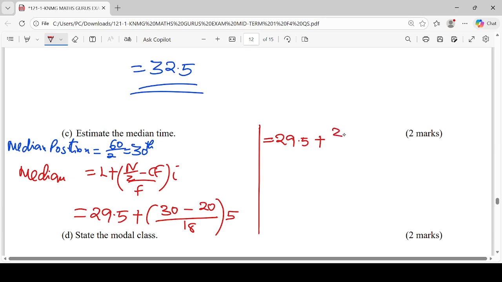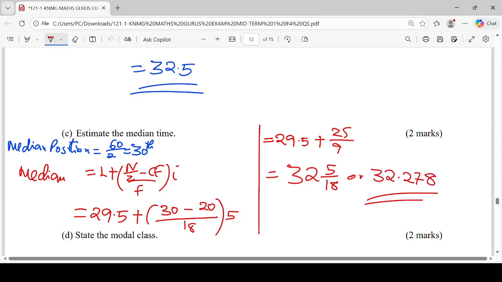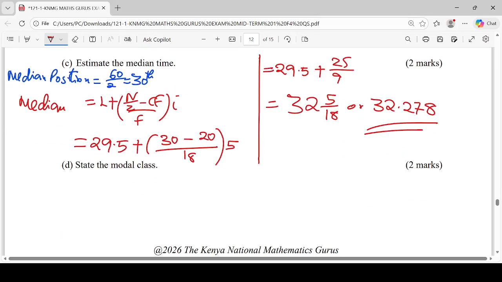So plus 25 over 9. When you do this addition, ladies and gentlemen, you're going to get the median here is 32 whole number, 5 over 18. Or if you love leaving it as a decimal, it is 32.278, something like that.